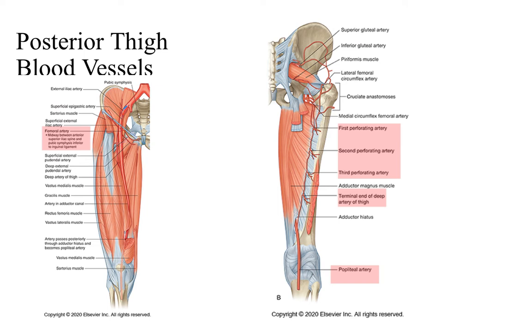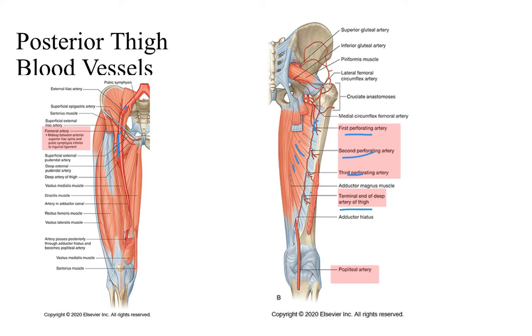So then the femoral artery branches into this deep artery of the thigh, and the deep artery of the thigh pierces through the adductor magnus muscle, which is this fan-like muscle that you see right here, into our perforating arteries: first, second, third perforating artery, and then the terminal end of the deep artery of the thigh down here.